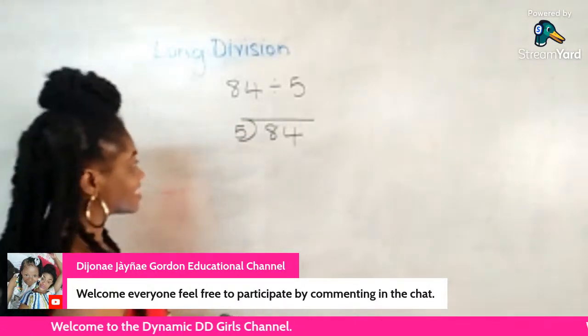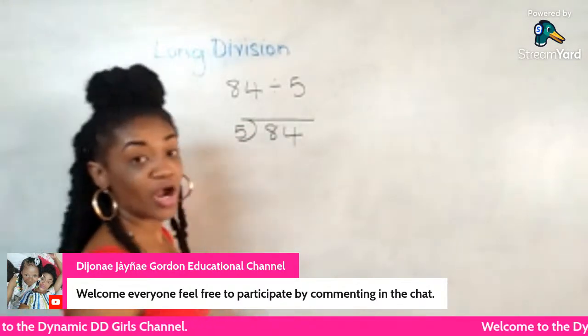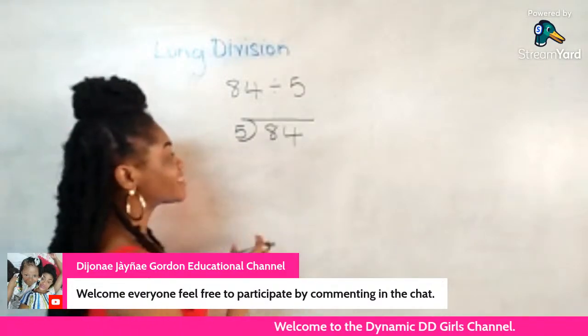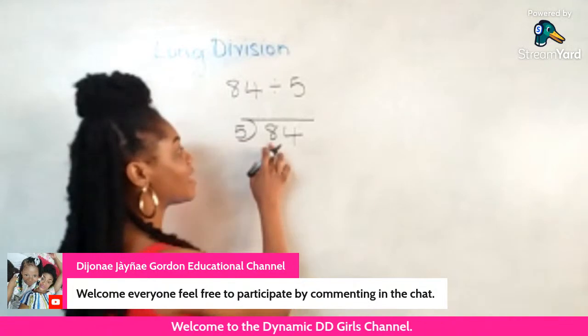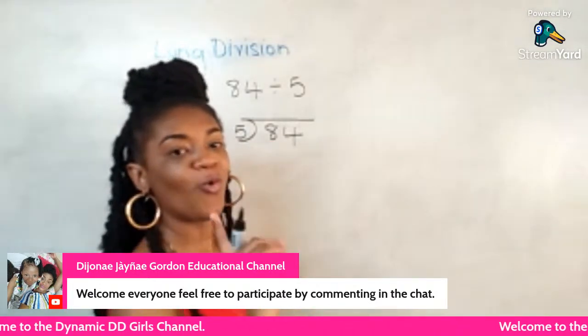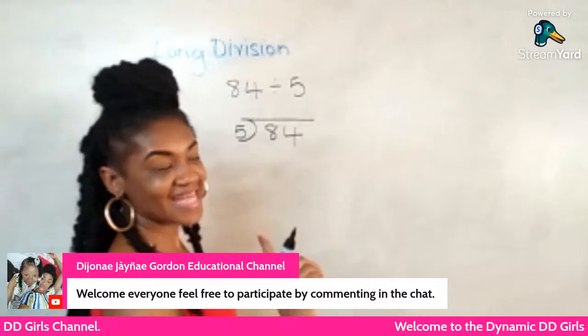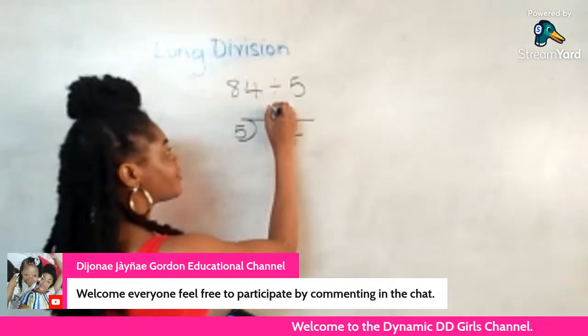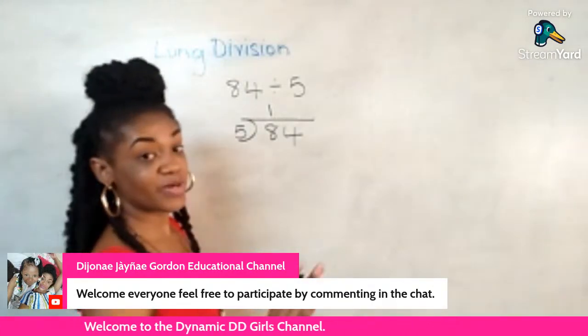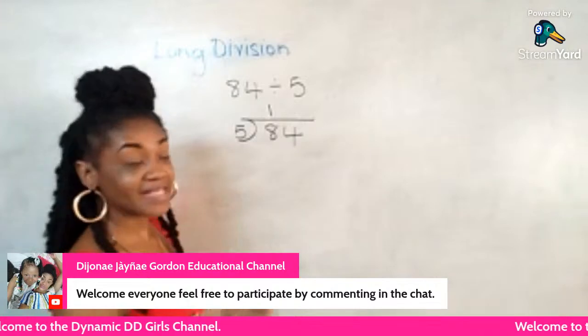The first thing you ask yourself is, how many groups of 5 can you get from 8? We can only get one group of 5 from 8. So we put the one group of 5 right there.